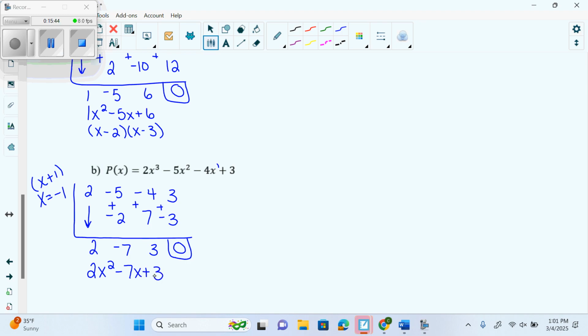Now do decomposition, right? So I get 2x squared minus 7x plus 3. What times what equals 6? What plus what equals -7? What do we get? -6, -1. So we're going to get 2x squared minus 1x minus 6x plus 3.